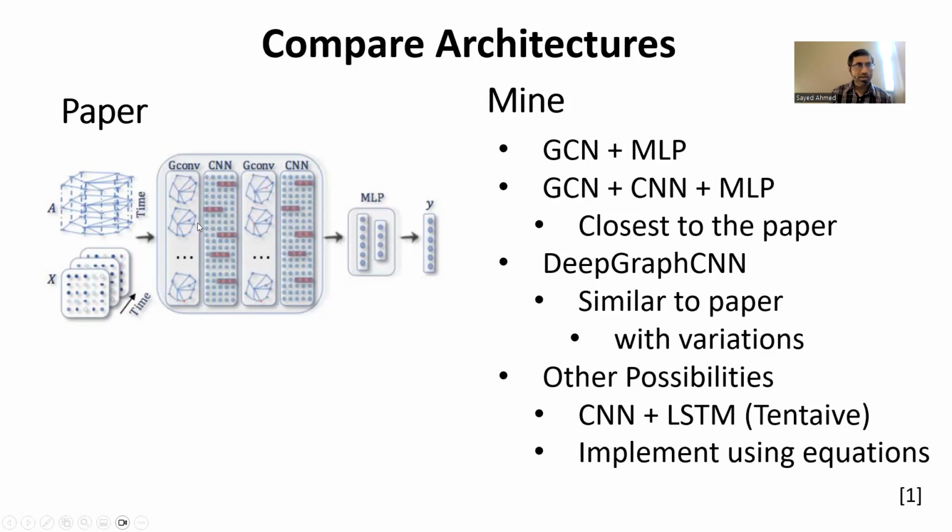And in terms of making it closer to the paper, it might be possible to write, rather than using a library, all those different layers using Keras and TensorFlow: GCN, CNN, GCN, CNN. It gets a little bit complicated to create all those layers from scratch, but it is possible.